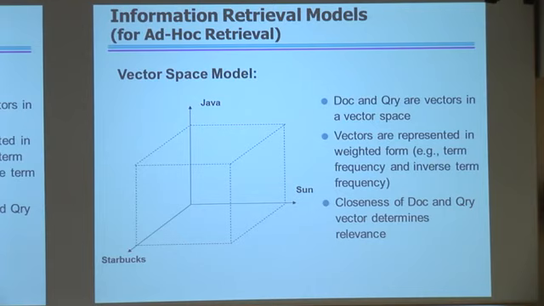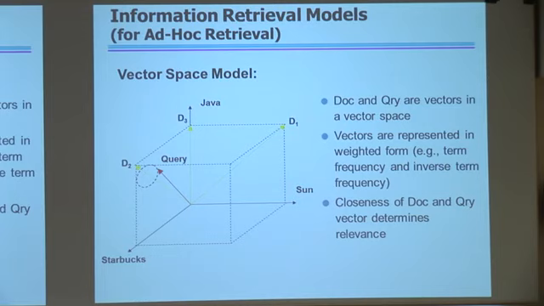For example, we may utilize the individual keywords as the dimensions in this vector space, and we calculate some type of weighting schema for representing all of the documents, as well as the user query, in this vector space. After we have the vector representation, we will be able to calculate the similarity between the user query and available documents, and then eventually we will retrieve the most similar documents with respect to the user query.